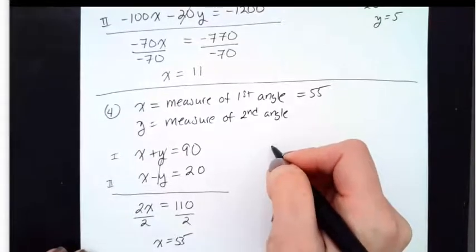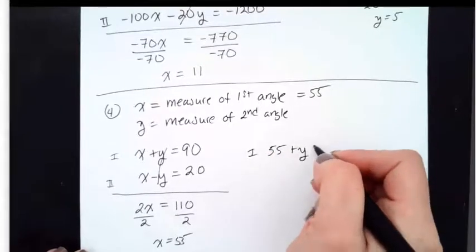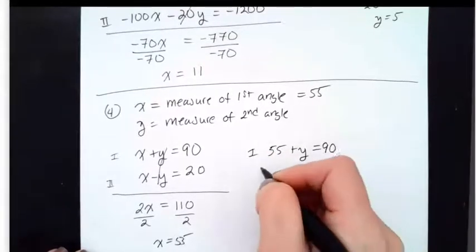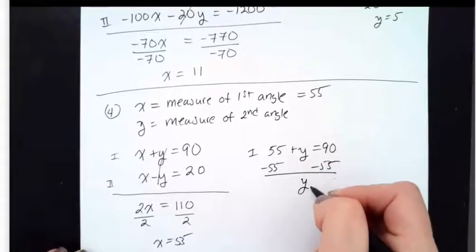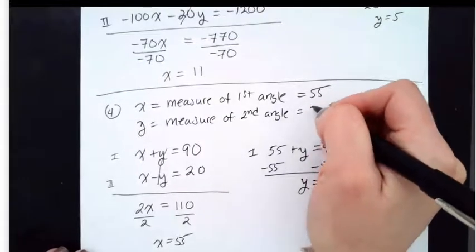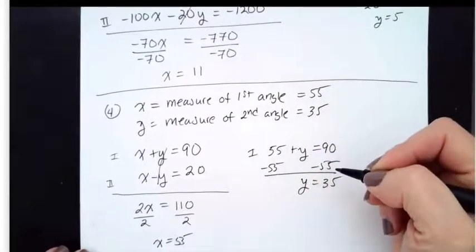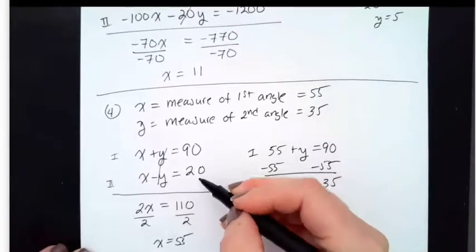So if I have the first one, 55 plus y equals 90, to get the y, I would subtract 55 from both sides, so I would have y equals 35. So if one angle is 55, the other is 35, and those both add to 90 and have a difference of 20.